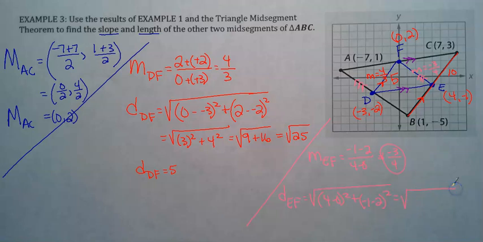So this equals 4 squared, and negative 1 minus 2 is negative 3 squared. So this equals the square root of 16 plus 9, which equals the square root of 25, which equals 5. Hey, this side is 5, and before, this side over here was how long? 10. So this is half. The midsegment is half of the length, just like the theorem said.